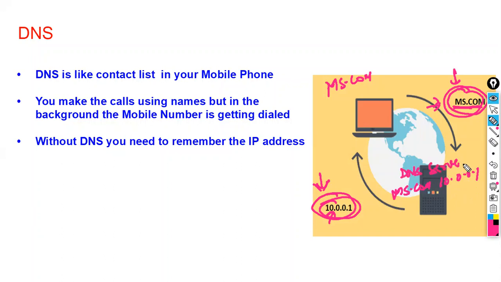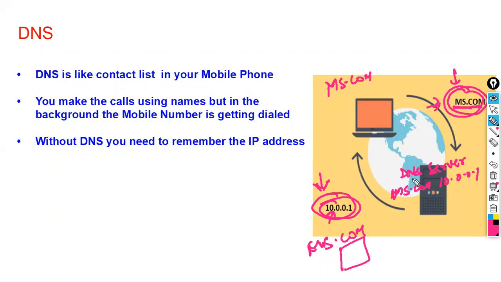This is the DNS server and the IP address is mapped with this ms.com domain. So whenever you want to open the ms.com website, your request will not directly go to ms.com. The request will go to the DNS server.